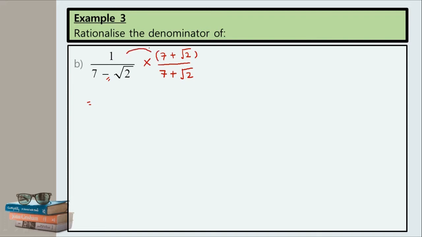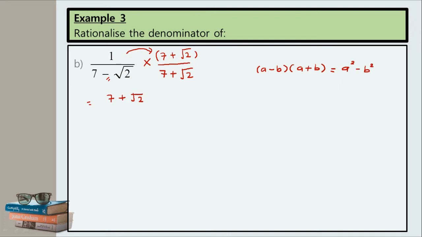1 times 7 plus surd 2, we have 7 plus surd 2. Okay, 7 minus surd 2 times 7 plus surd 2. Okay, if you still remember, we have A minus B, A plus B. After we expand, actually we will get A squared minus B squared.